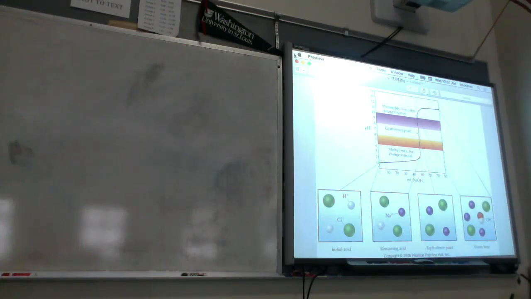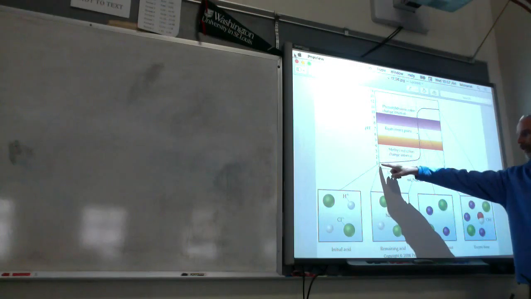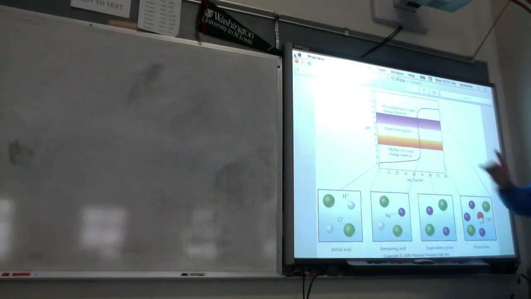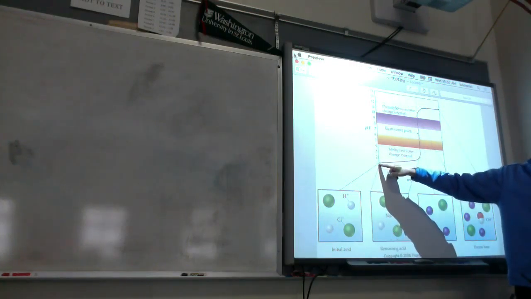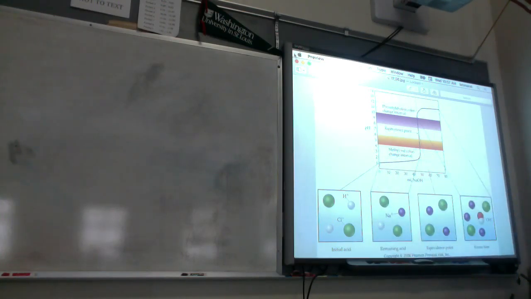We'll cover that here in a second. Anyway, again, this is a strong acid, strong base. Initially, you can tell it's a strong acid because where does the pH start? Right around 1, which would be like a 0.1 molar hydrochloric acid solution.